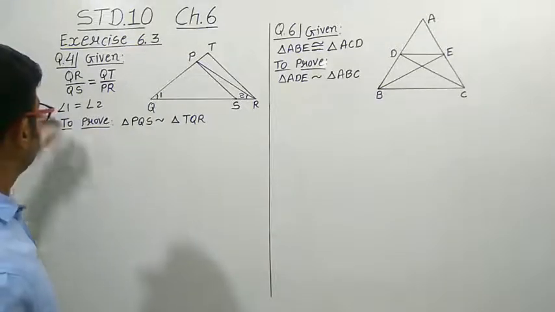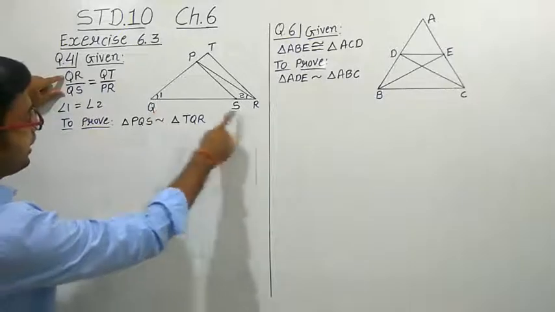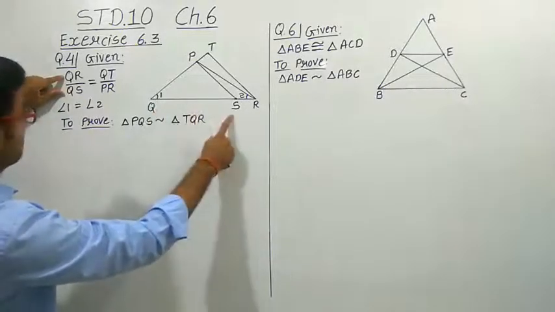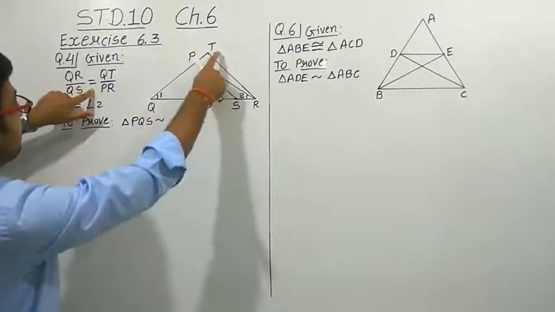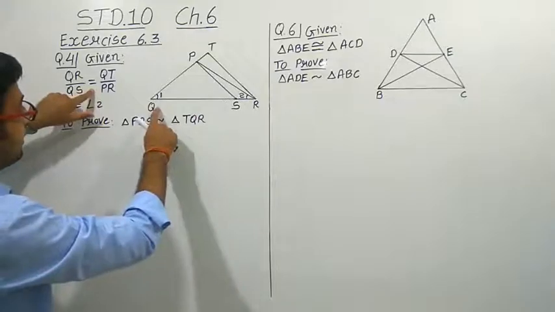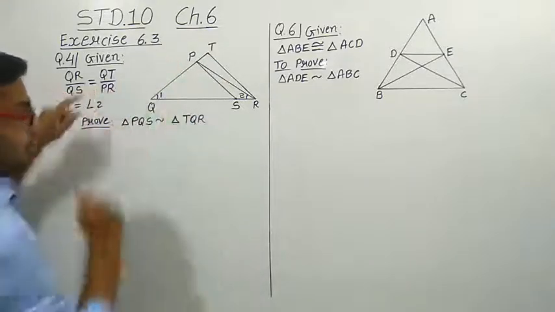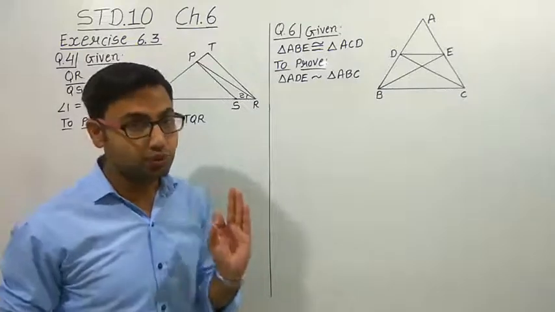First of all, notice this thing. Here we have given that QR upon QS is equal to QT upon PR. If we had been given QT upon QP, then we can use theorem number 6.2.